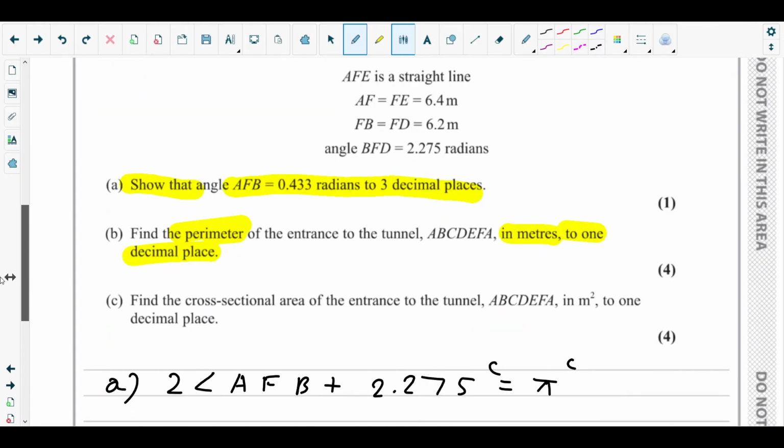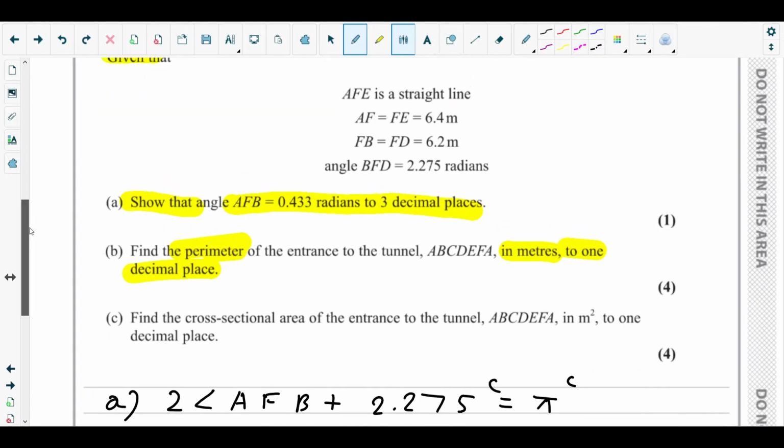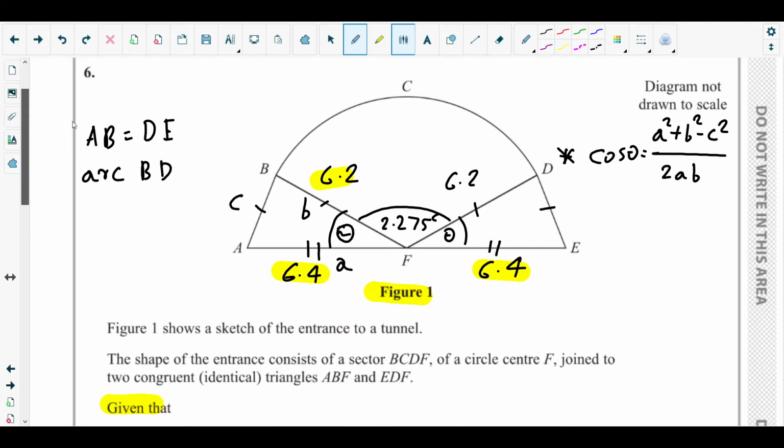From the cosine rule we can make c squared the subject. c squared is the opposite side, AB, which we need to find.